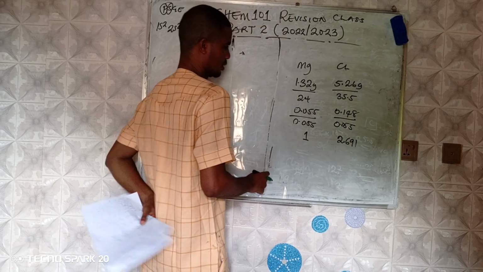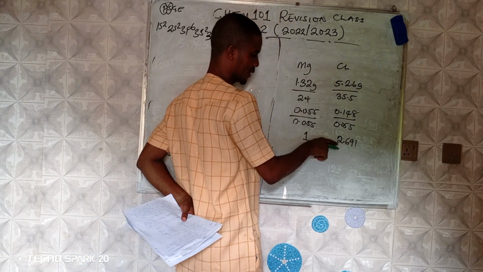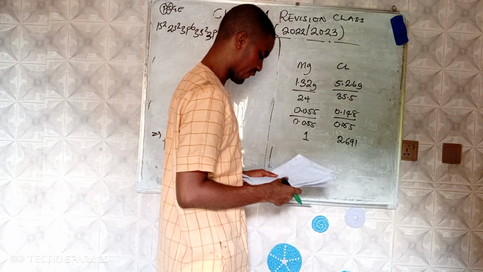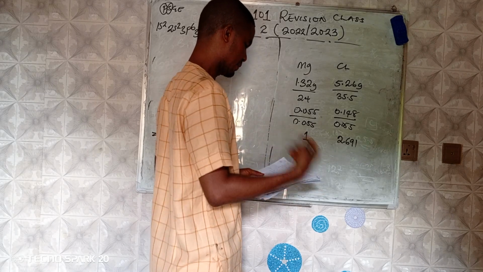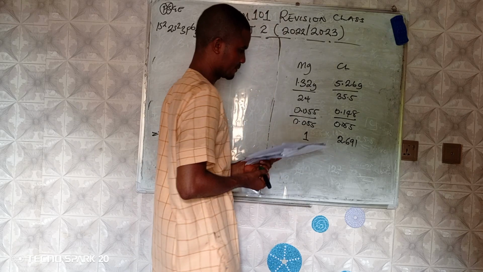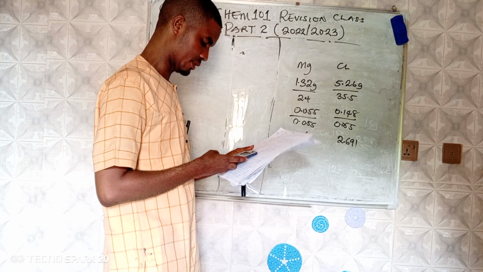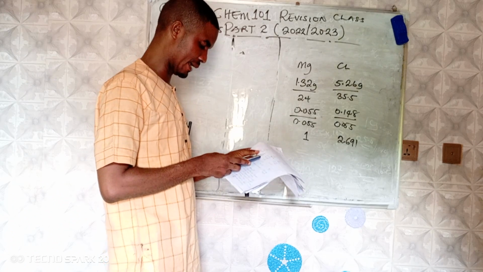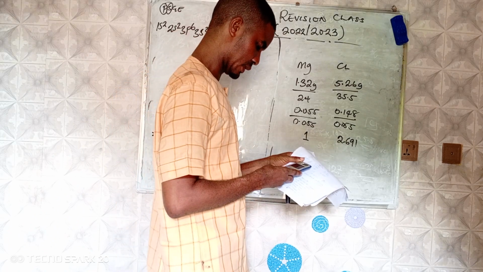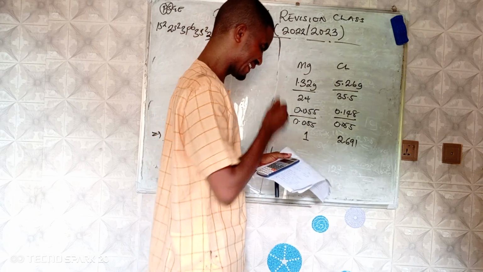So magnesium is 1, chlorine is 2.691. You don't approximate this to 3. You need to multiply by some factor. If you multiply 2.691 by 1.1, you get 2.9.